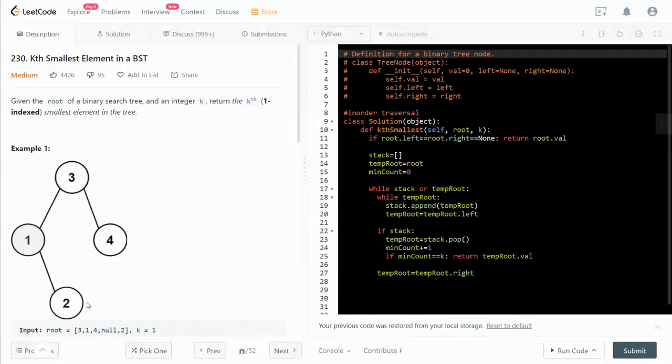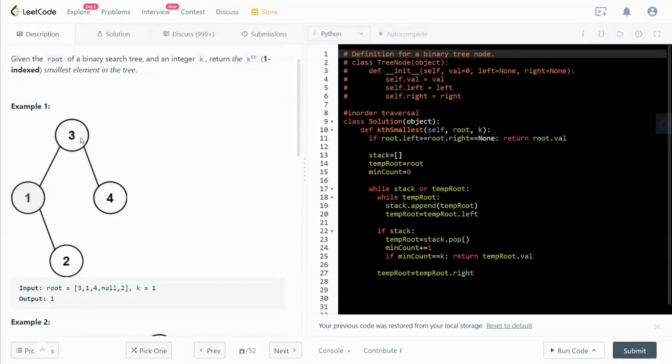So let's take a look at this example in here. The root is right here, 3. On the left hand side, there's a smaller branch which has another root of 1, and it has no left branch, and also it has a right leaf node. As you can see, both these two numbers are smaller than 3.